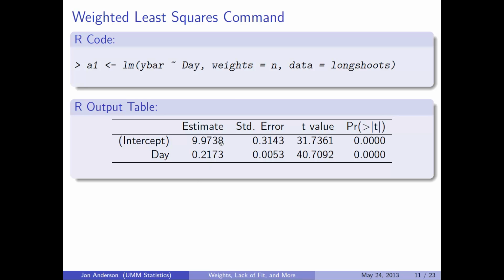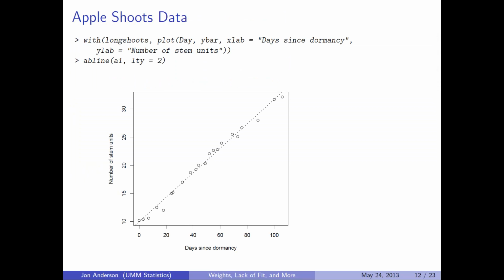And we get our usual output table of beta naught hat and beta 1 hat estimates, standard errors, and so forth. This is how you would incorporate weighted least squares. You'd need to make a variable that will contain the correct weights. That is the crucial thing with weighted least squares. Here's just a demonstration of the data.